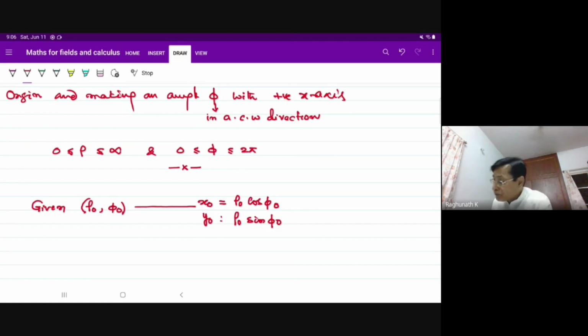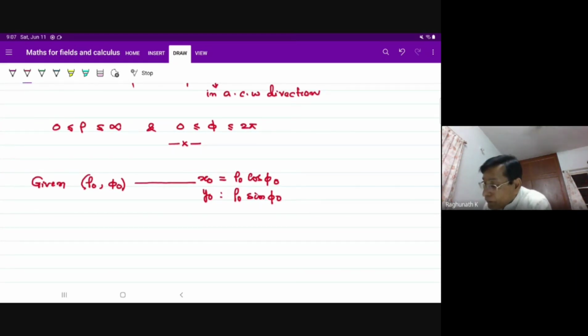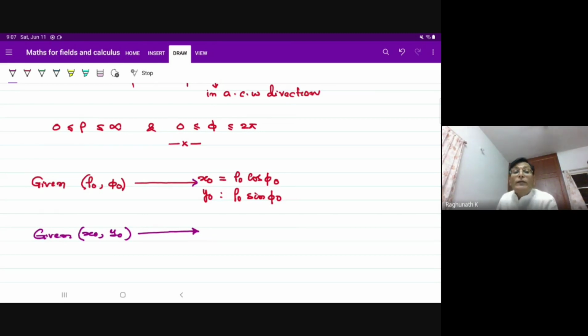Now, given x naught comma y naught, hope you remember this. X naught rectangular coordinates of the point are given. I want to calculate the distance of the point rho naught.